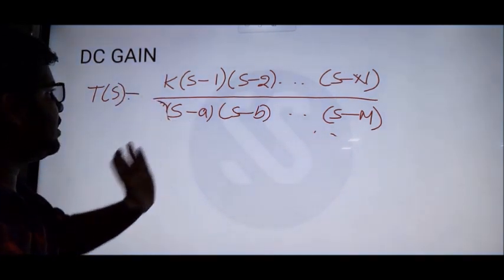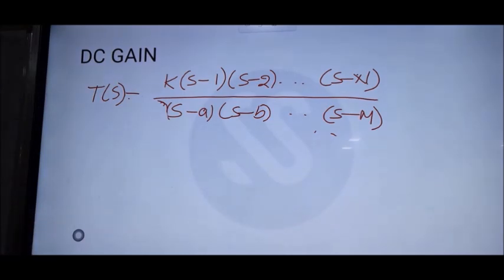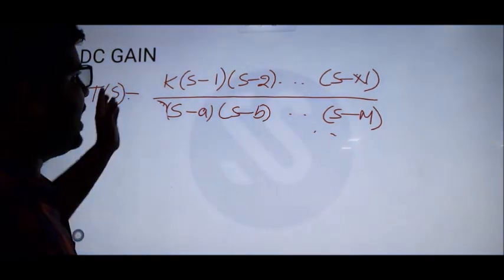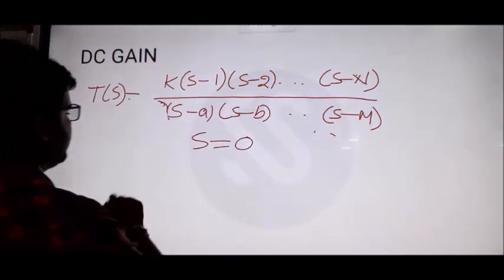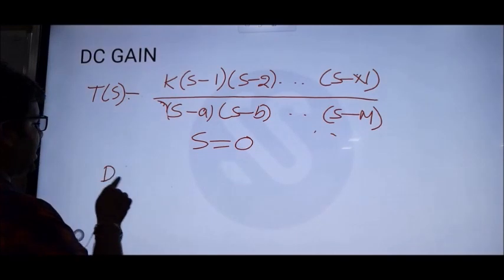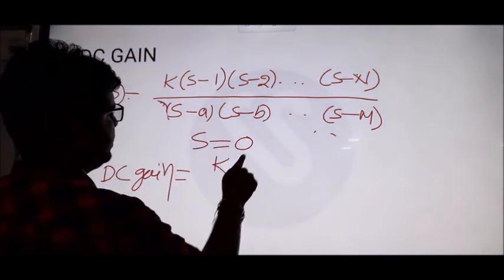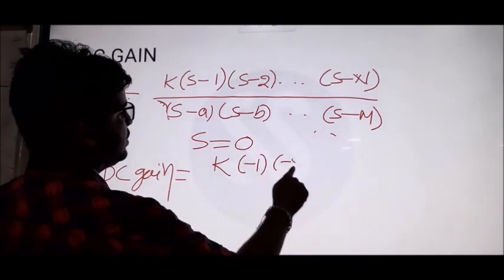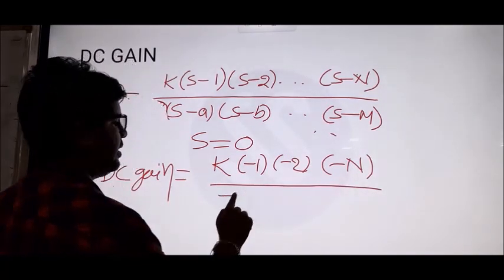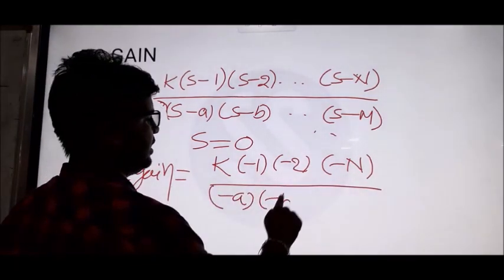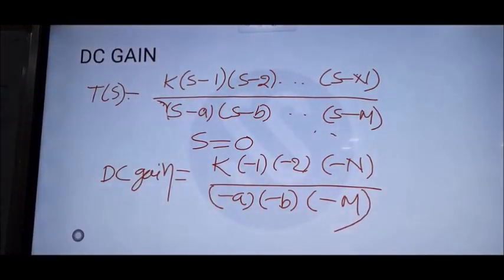Don't consider the poles at the origin, and in the remaining places put s equal to 0. What I get, the DC gain, is equal to k into -1 into -2 into -n divided by -a into -b into -n. So this is my DC gain.